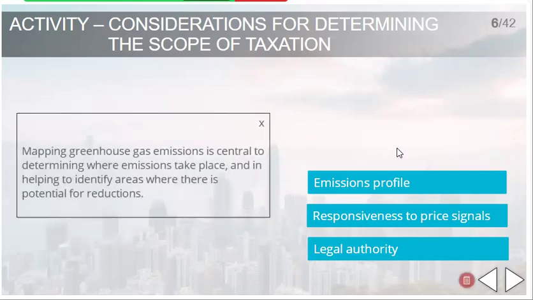Mapping greenhouse gas emissions is central to determining where emissions take place and in helping to identify areas where there is potential for reductions.